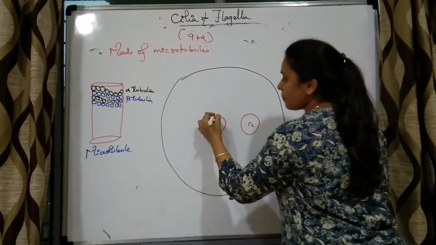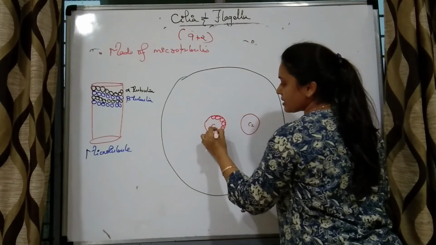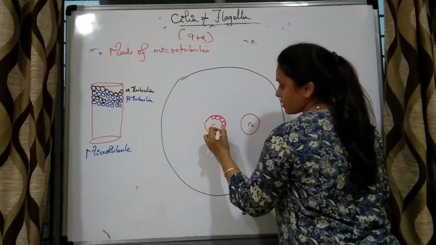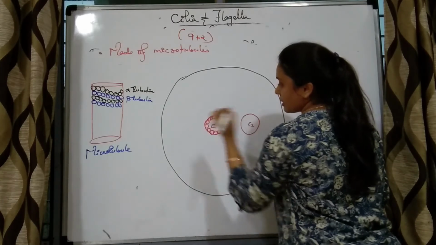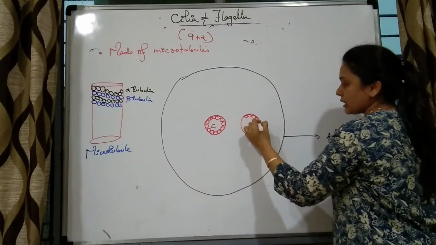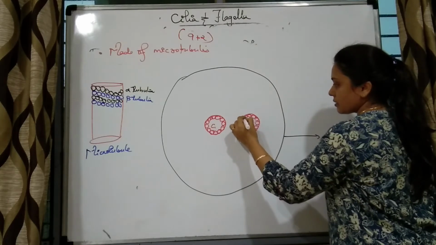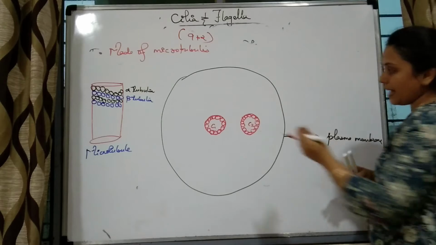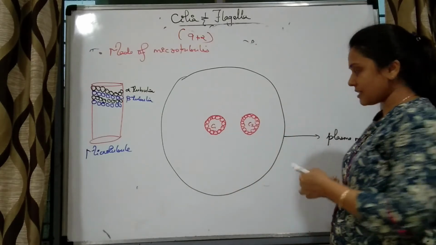How many subunits are present in each? It has 13 subunits, and similarly this is also made up of 13 subunits.